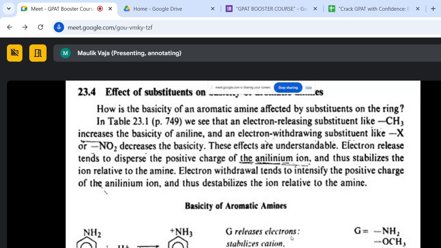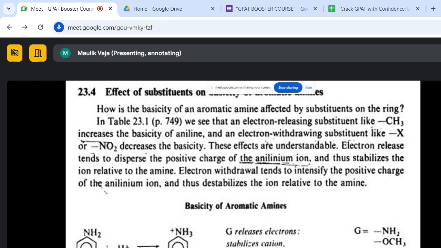So an electron donating group increases basicity, while an electron withdrawing group, what will be its role? Nitrogen needs electron to prove itself as a base, but an electron withdrawing group withdraws electron from the ring, and hence from NH2. Okay, so it becomes less basic.